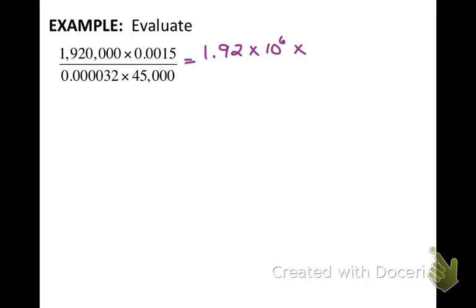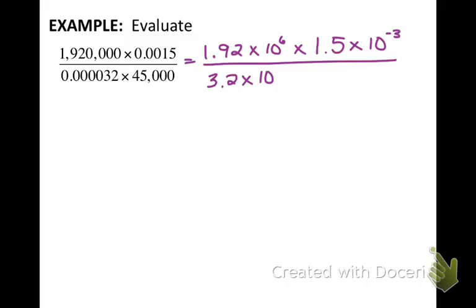And I'm going to put another times. 0.0015 would be 1.5 times 10 to the negative 3, all over 3.2 times 10 to the negative 5 times 4.5 times 10 to the 4. Good. All right, do we have like bases anywhere?